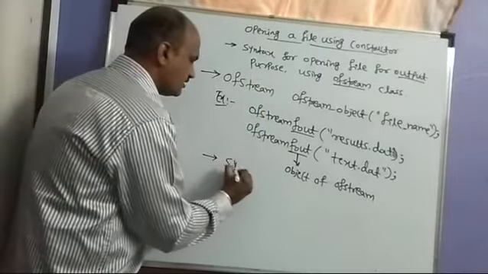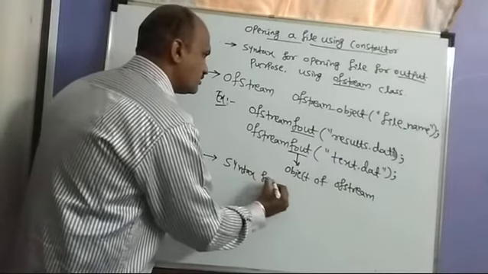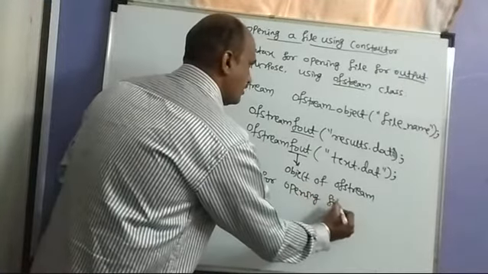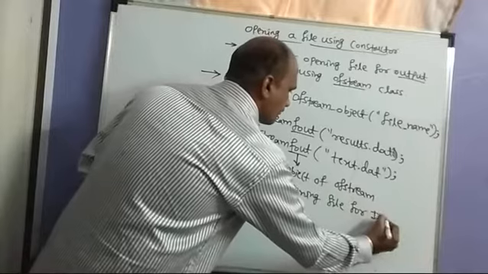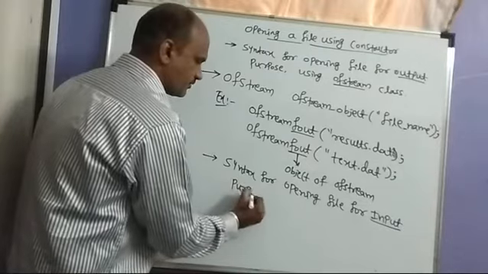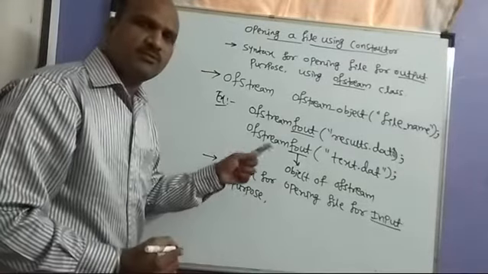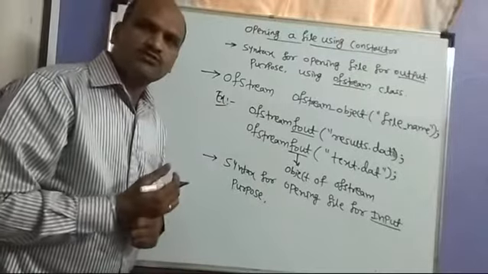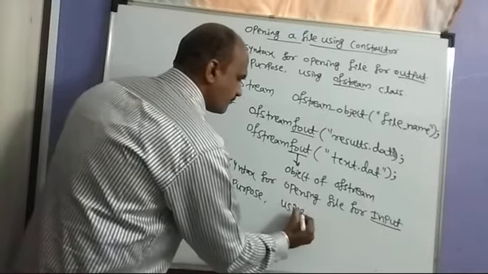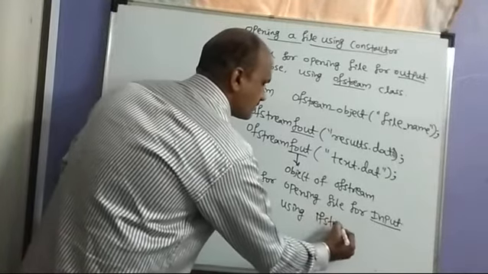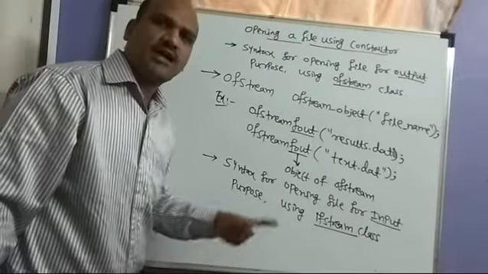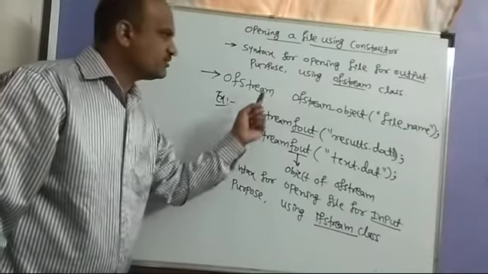So the syntax for opening a file for the input purpose: as I told you, if you are going for the input purpose, then you have to use the class ifstream, because we are using ifstream for input and ofstream for output.